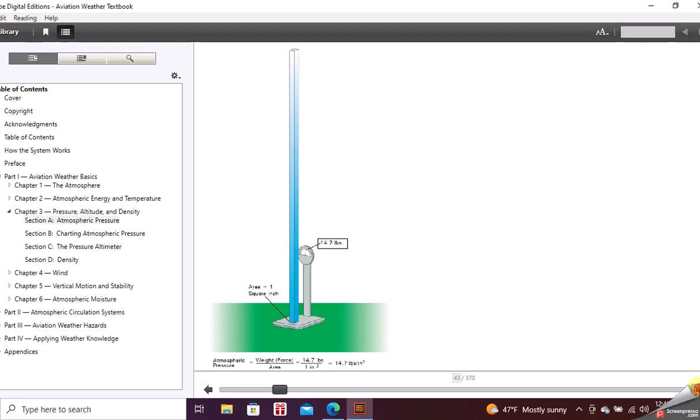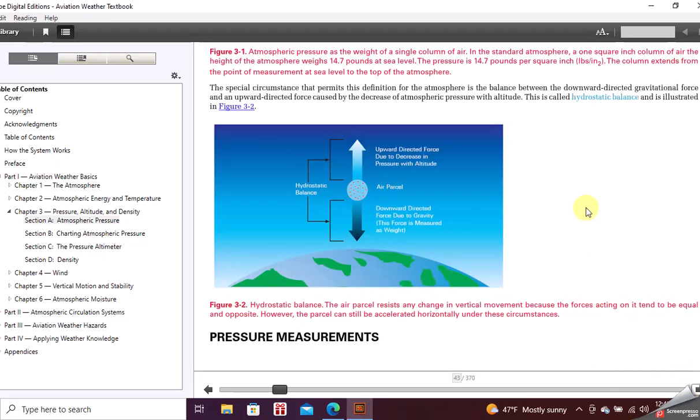So with that, we're going to talk a little bit more about pressure because think about it. The pressure at the surface is significantly higher than the pressure aloft. So the atmosphere would love to maintain the same pressure everywhere.